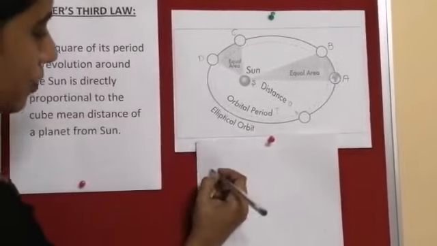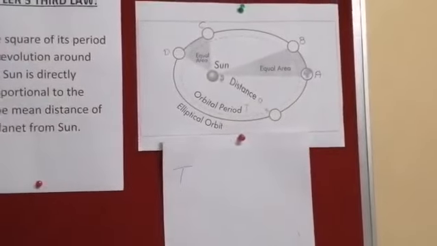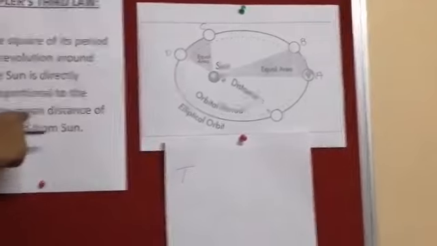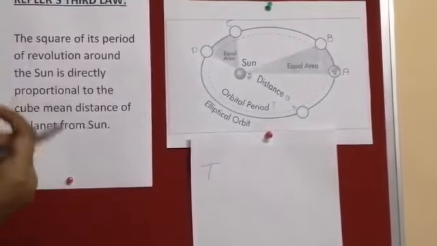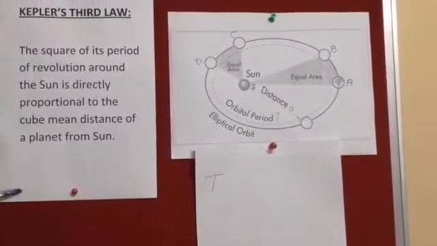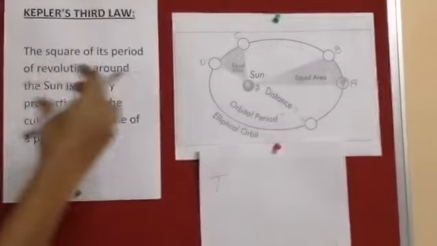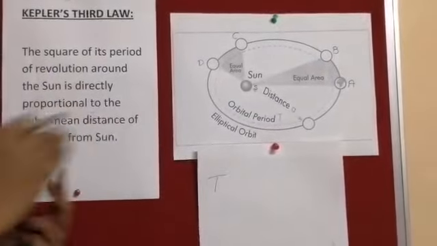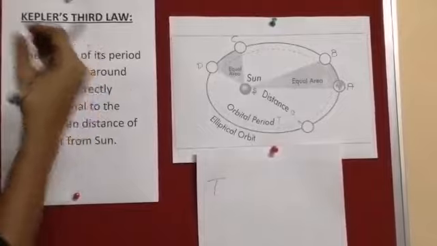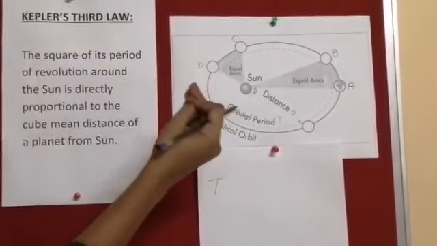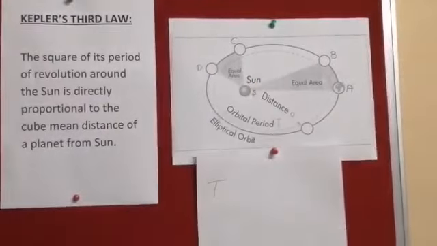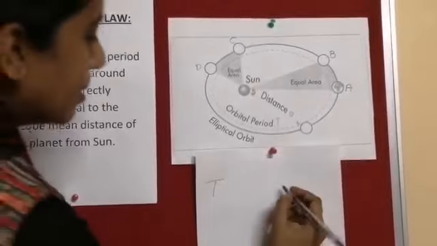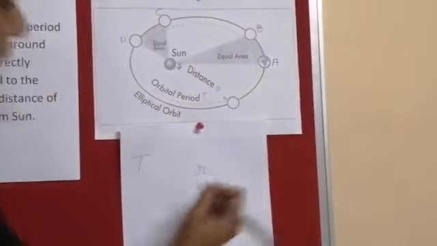The period of revolution we will consider as capital T. Mean distance means what? Now students, this is an ellipse. If it is a circular orbit, the distance will be the same from the center. But since it is an ellipse, the distance is different. So we have to take the mean distance. That mean distance I will consider as r.